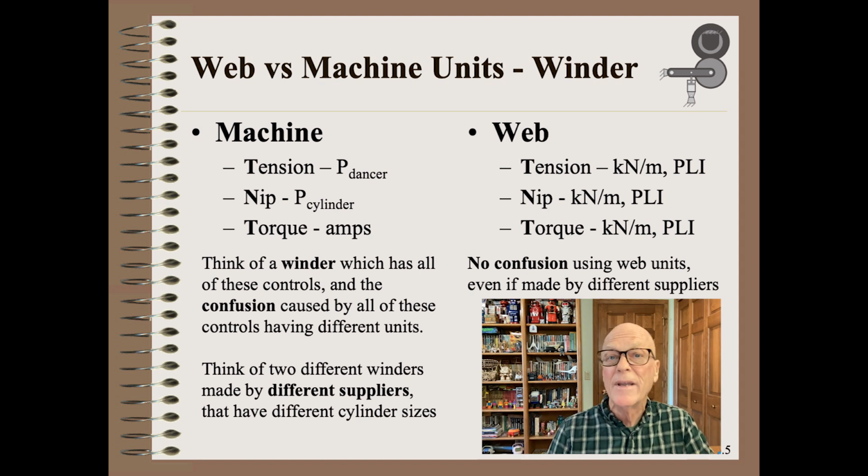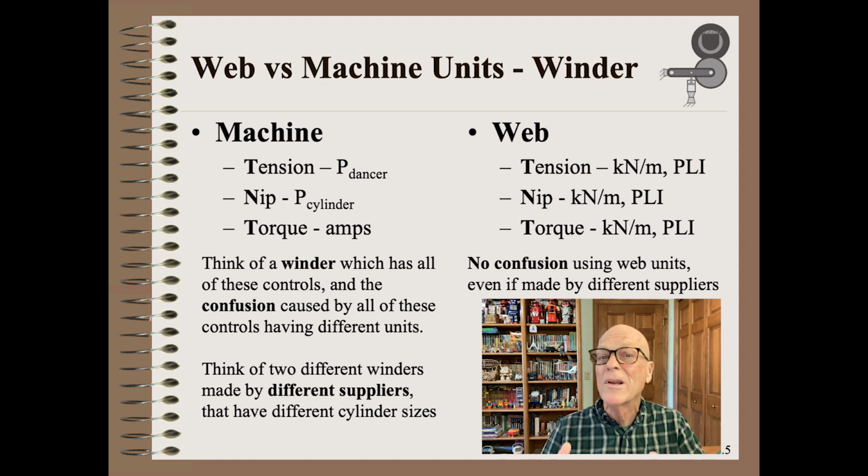In the old school days, these settings were in machine units. Tension might be dancer cylinder pressure, and nip would be nip cylinder pressure. But 10 on one would not be 10 on the other, as we've just seen. Worse yet, motor torque was in amps or may now be in meter newtons.